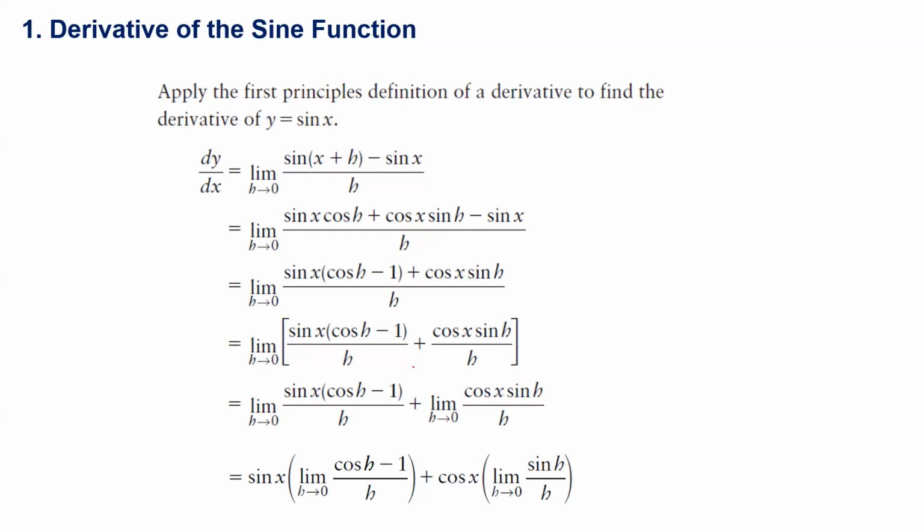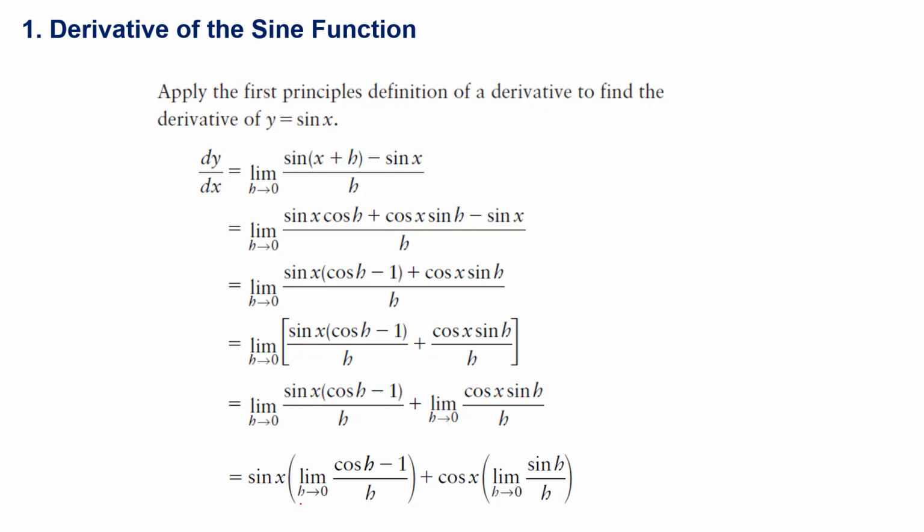Remember, according to the limit rules, this can be divided into the sum of two limits, right? The limit of the sum of two expressions equals the sum of the limits of the two expressions. So that equals the limit of the first expression plus the limit of the second expression as h approaches 0, right? And note here for the first expression, sine x has nothing to do with h approaching 0, so we can treat sine x as a constant coefficient and put it in front.